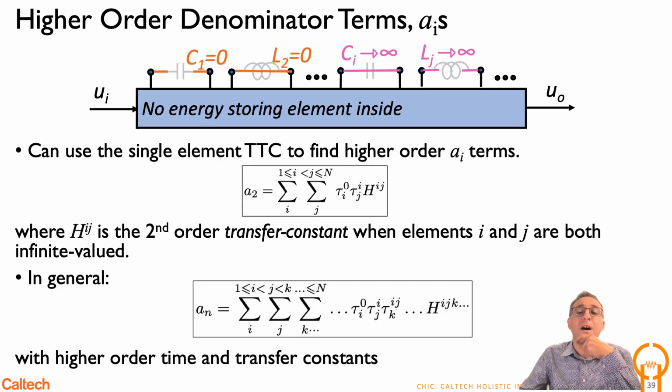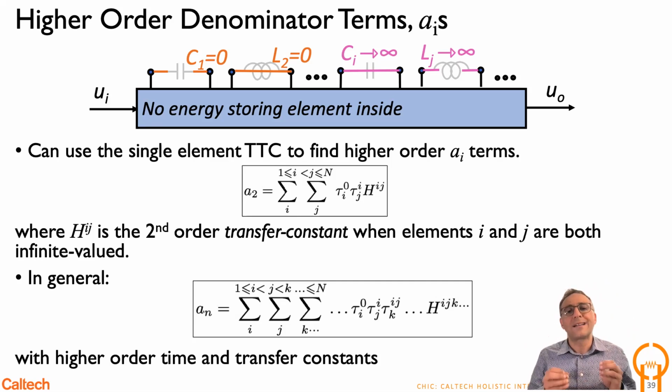Both elements i and j are infinite valued. In this example, element i being infinite valued is the capacitor short circuited, and element j being infinite valued is the inductor open circuited. Then you can get higher order sums, which are exactly the same as the B's, except that each term is multiplied by the nth order transfer constant. You can see very easily that for the numerator, the highest order non-zero term, a_n, is determined by the highest order Hij, or however many indices you have, that's non-zero.